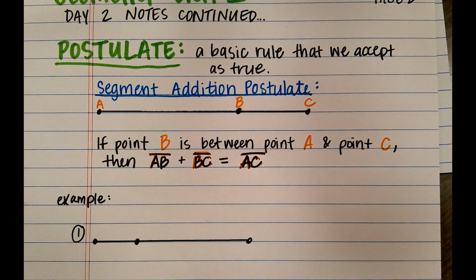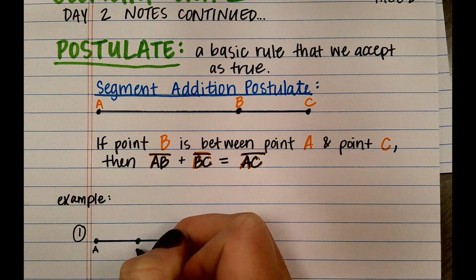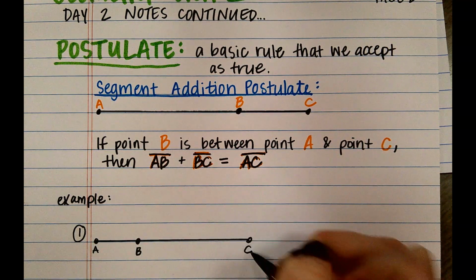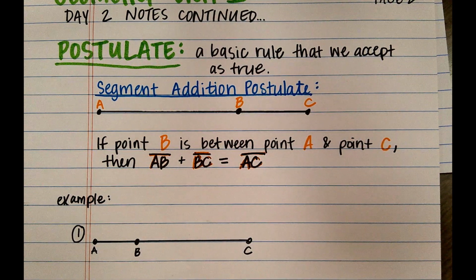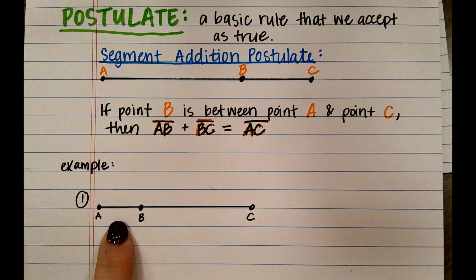And we're going to label these points A, B, and C again. A, B, C. And let's say that AB, the line segment AB, is 2 inches.